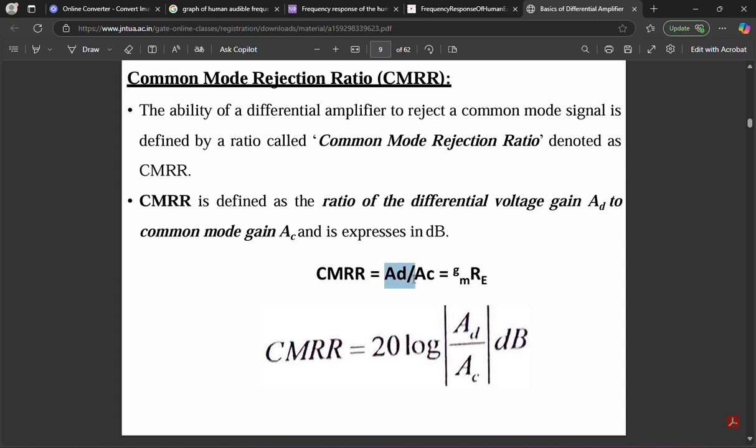When we convert this into a log scale, it becomes 20 log of modulus of AD by AC. Whenever the common mode gain goes lower, the value of CMRR will be very high. As per design, it is very desirable that the common mode rejection ratio is very high for any differential amplifier that you are using.